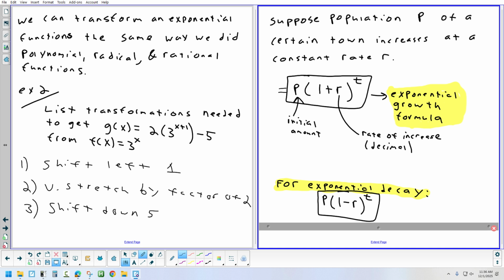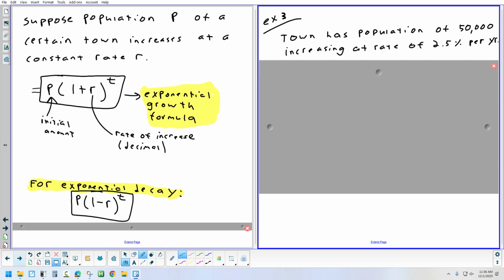Well, when you read the problem, if it says something about increasing, that's growth. If it says something about decreasing or going down, that's decay. So we have a town with a population of 50,000 people, increasing at 2.5% every year. Well, is that a growth or a decay? Yeah, growth, because it says the population is increasing.